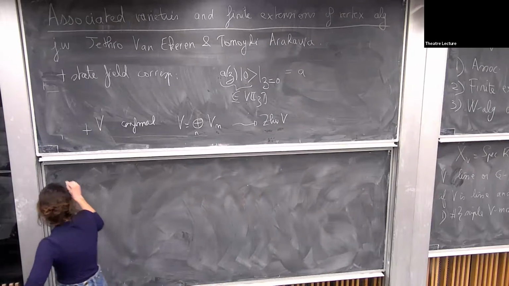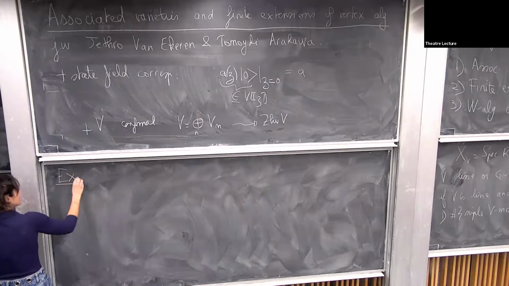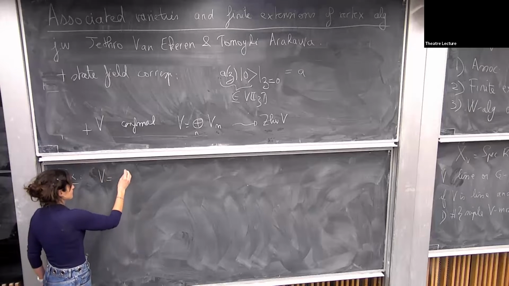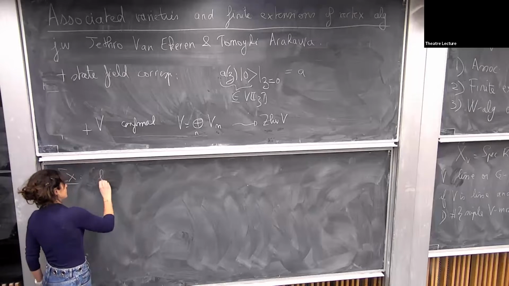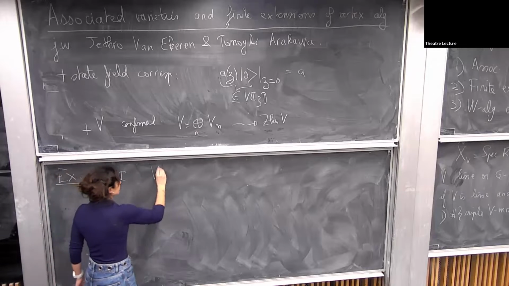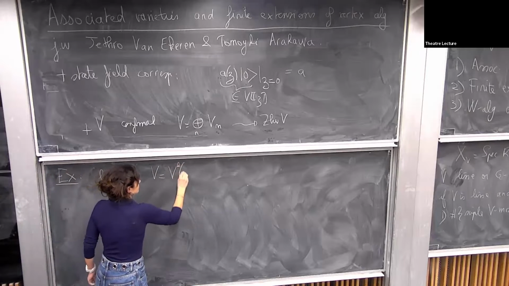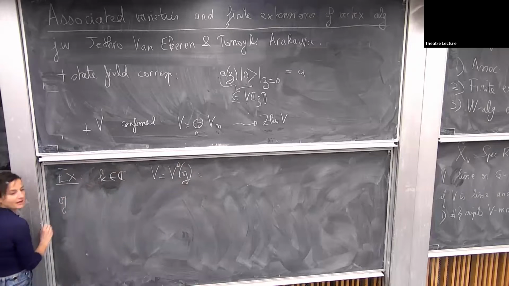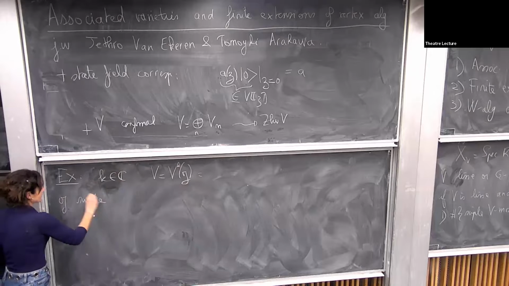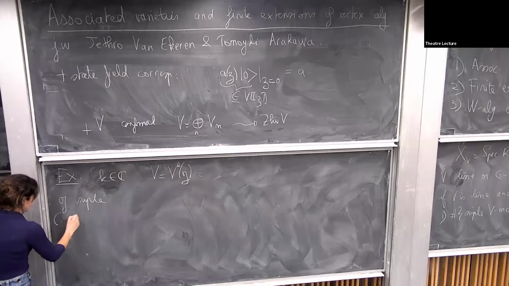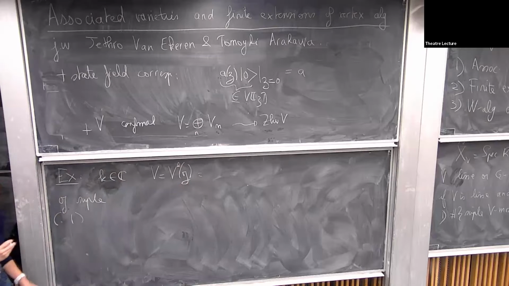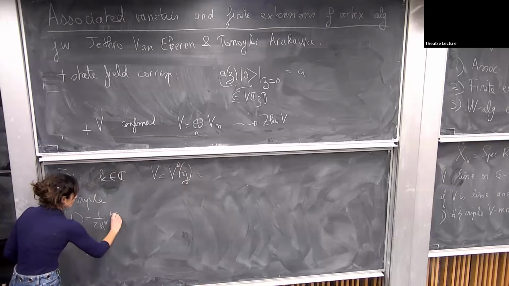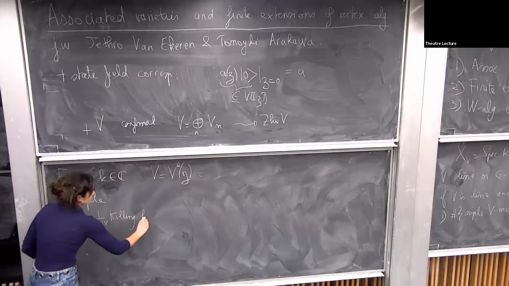Okay, so let's give examples. So let's consider a complex number k, and let's consider the following representation. Here g is simple, and I consider certain invariant non-degenerate bilinear forms. So in practice, I like to consider the following normalization of the Killing form.